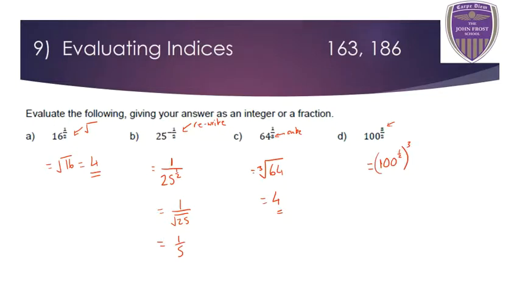So that's the first thing to do there, is to bring that out so that we can focus on finding now 100 to the power of a half. Now, the power of a half is the square root, so we're going to do the square root of 100, and we're going to do the answer to that cubed. Square root of 100 is 10, so I want to work out 10 cubed. 10 times 10 times 10 gives me 1000.